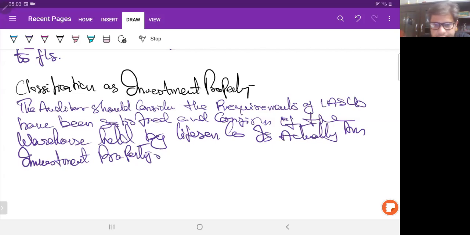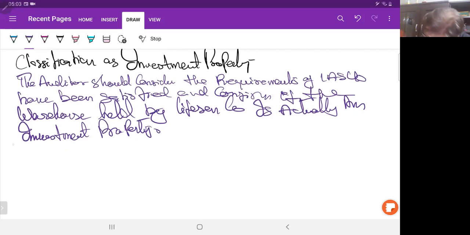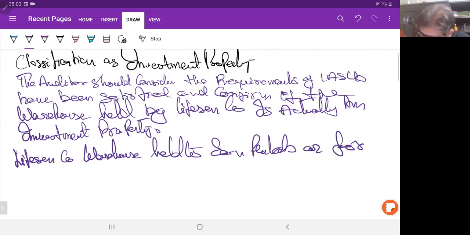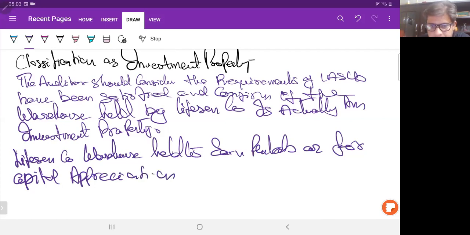Lifeson Company's warehouse has been held to earn rentals or for capital appreciation, or both, right?